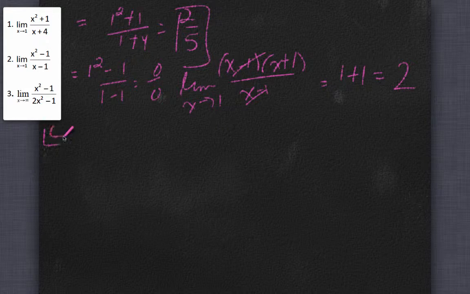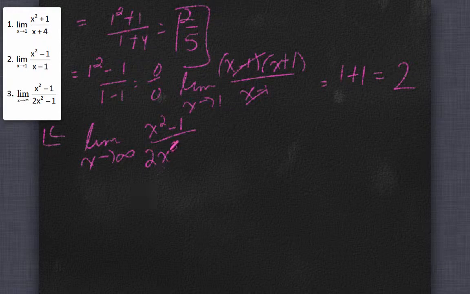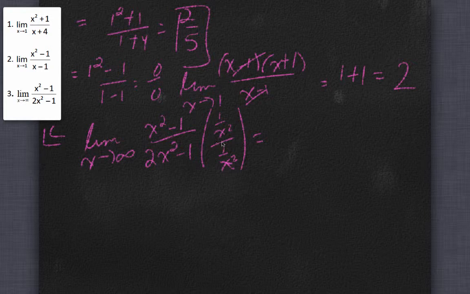And then this one, we've done the Bogobot needs DC, but let's just assume not. So we have this x squared minus 1 over 2x squared minus 1. And then we would have to do the 1 over x squared, 1 over x squared, because remember the official rule was dividing by the highest power of x.